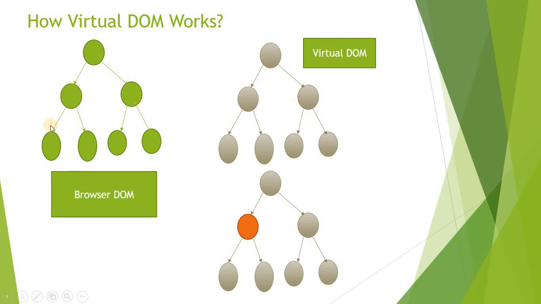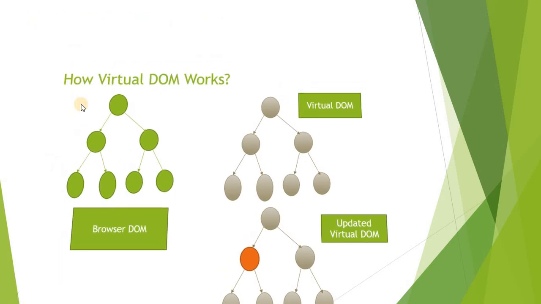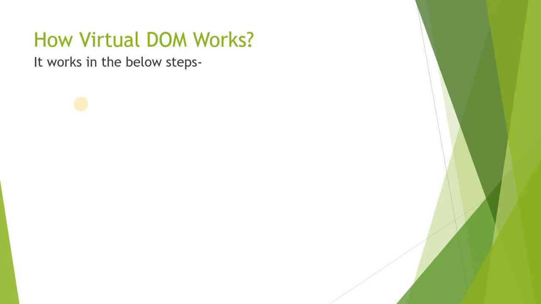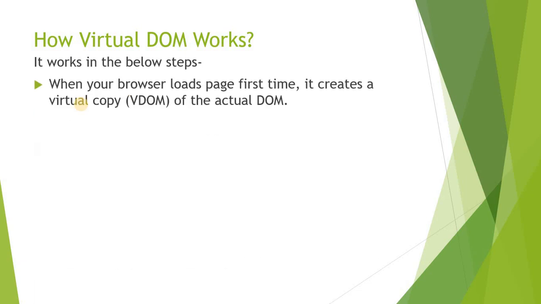So the actual DOM will update only this object, and after that it will render the entire page on the browser. Here you can see all the steps which we discussed.